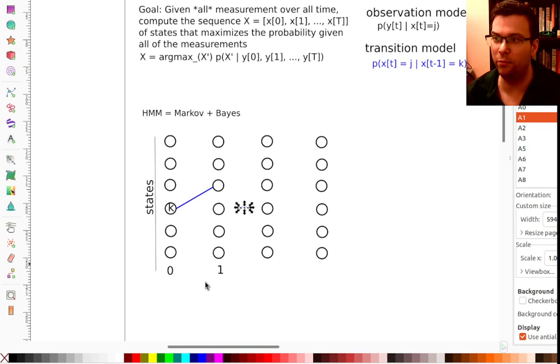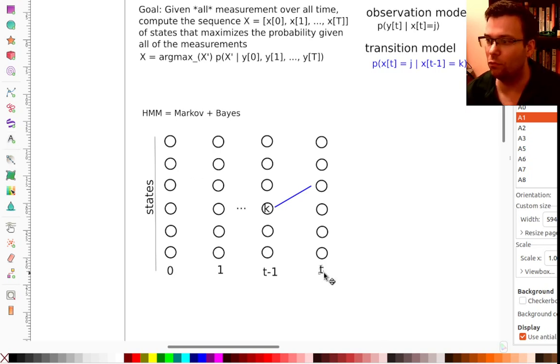Mathematicians could never get anywhere without the dot, dot, dot. Then at some point we're up to t minus 1, and then here we're up at t.